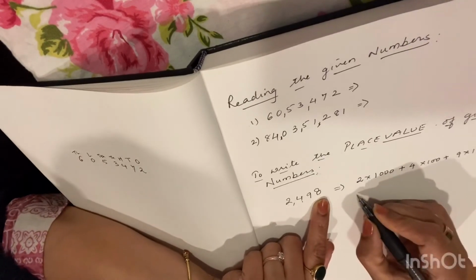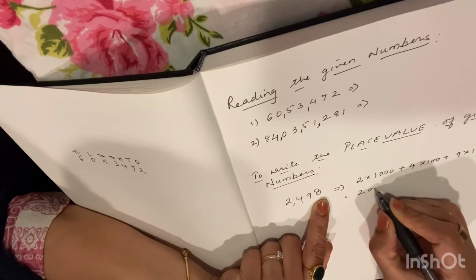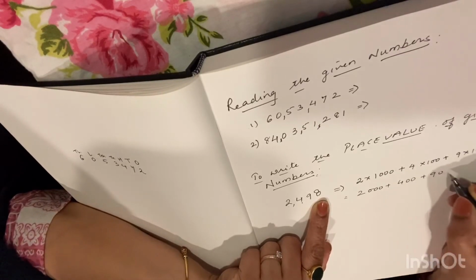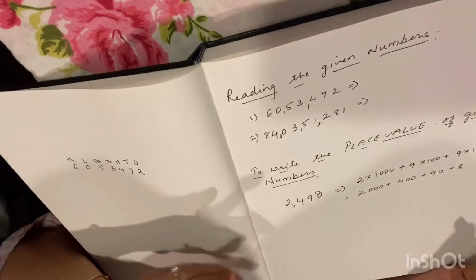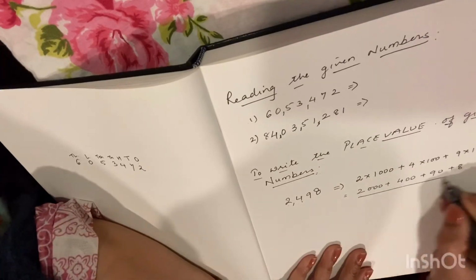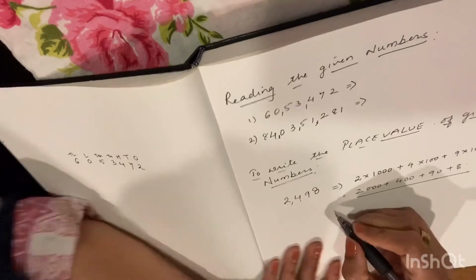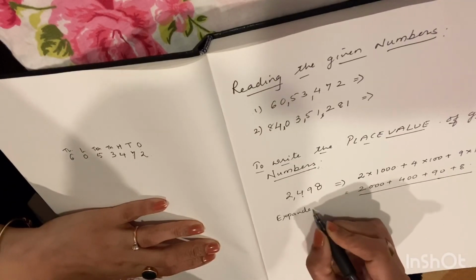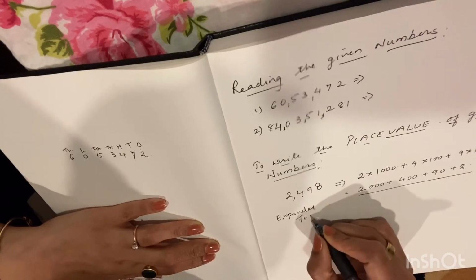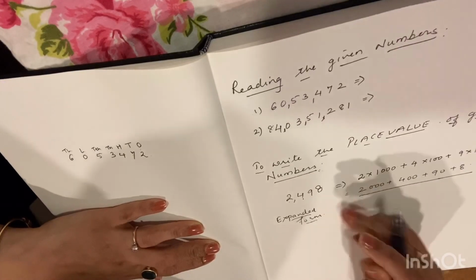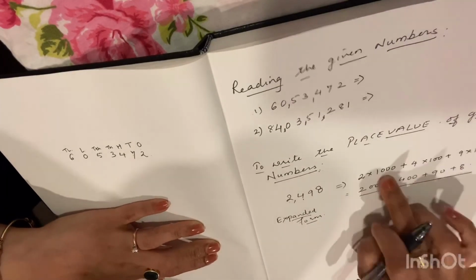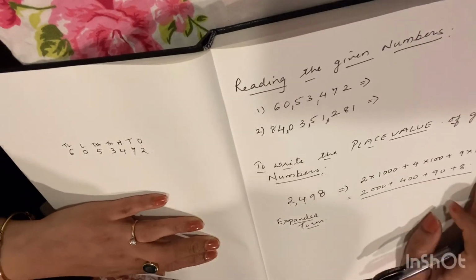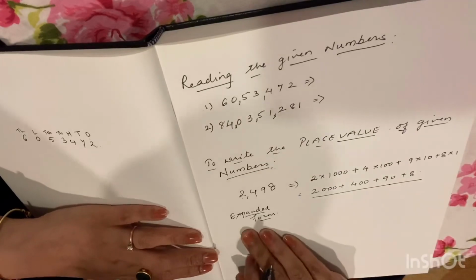So this will be equal to 2000 plus 400 plus 90 plus 8. So this is the place value of this given number, or the expanded form. Because it is at the 1000 place, we have multiplied this way, and this is the expanded form of the given number.